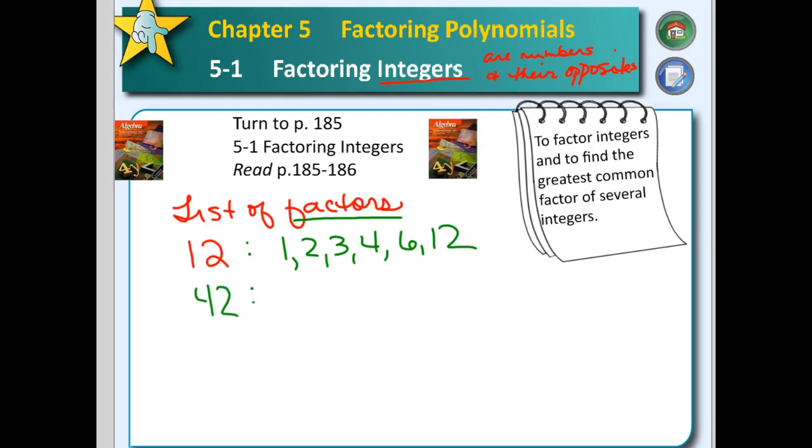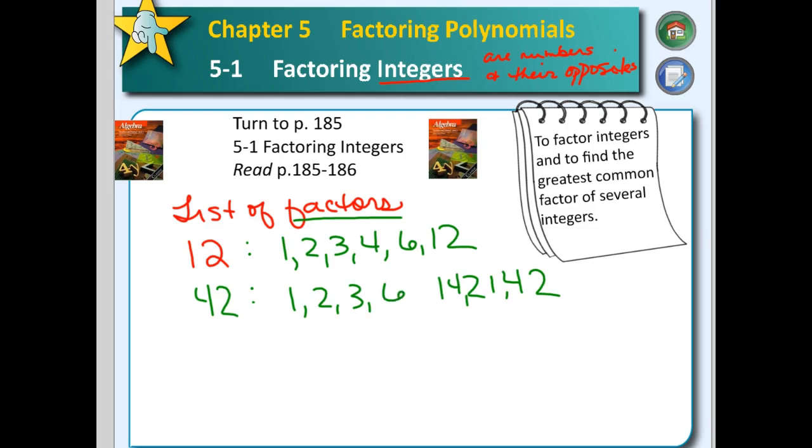How about if they wanted a list of factors for 42? Well, I'd have to think about that one for a little bit. Sometimes when I have to think, I need 1 and 42. Now, will 2 go into 42? Yeah, that's going to be 2 and what? 21. Will 3 go into 42? It sure will. 3 times 14. 4 doesn't go into 42. 5 won't go into 42.